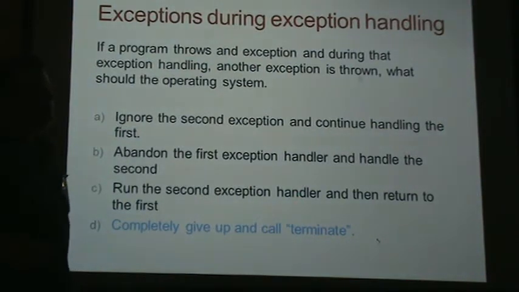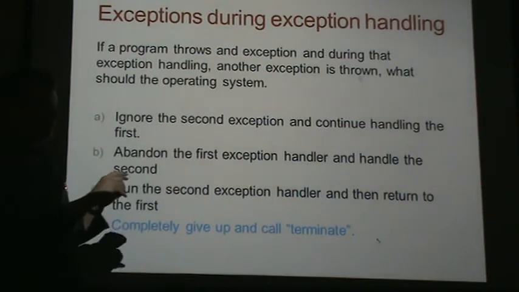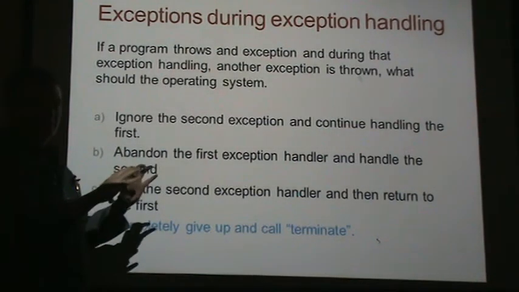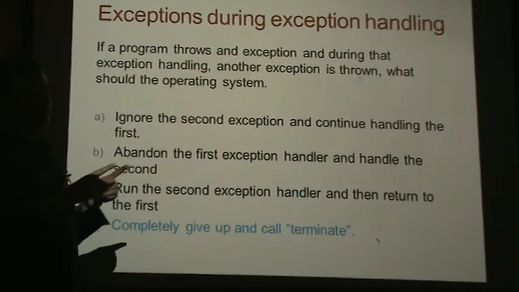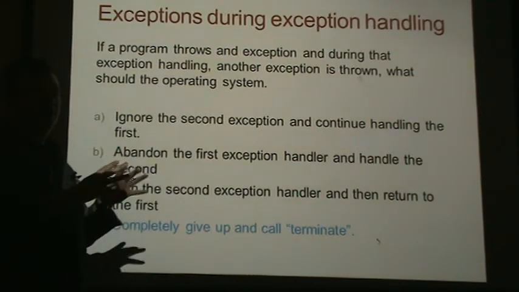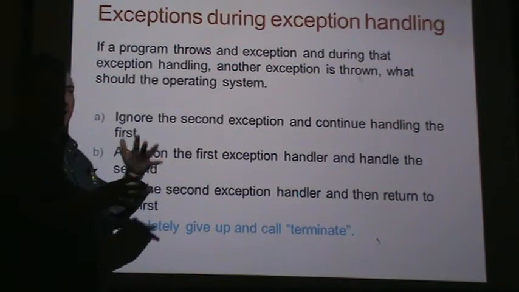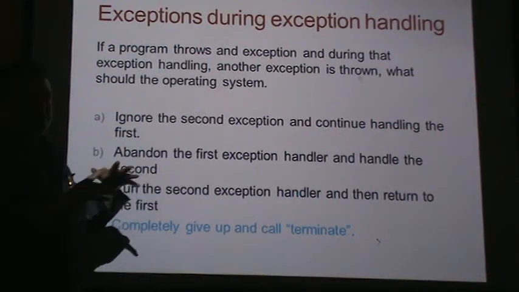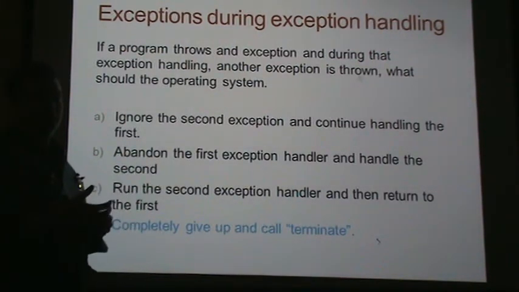Okay, so what I guess you're saying is, suppose the software developer who wrote the exception handler that ran first wrote the try and catch blocks really well, so that if an exception happened during that exception handler, the second exception would be able to handle it and the first one could continue where it left off.